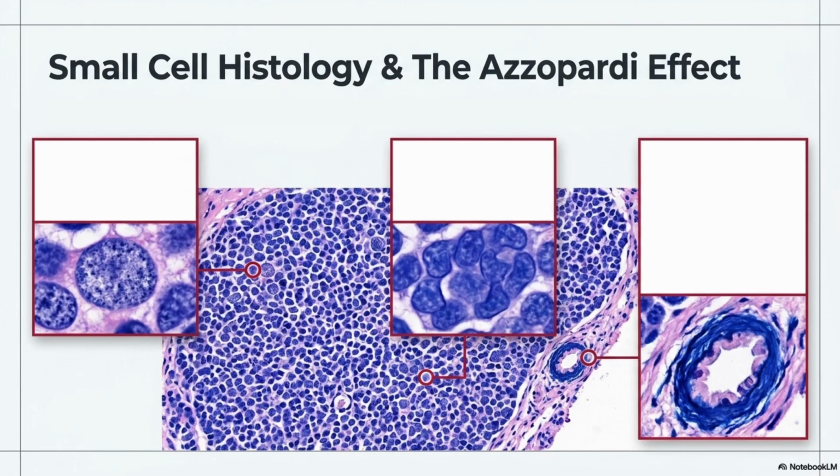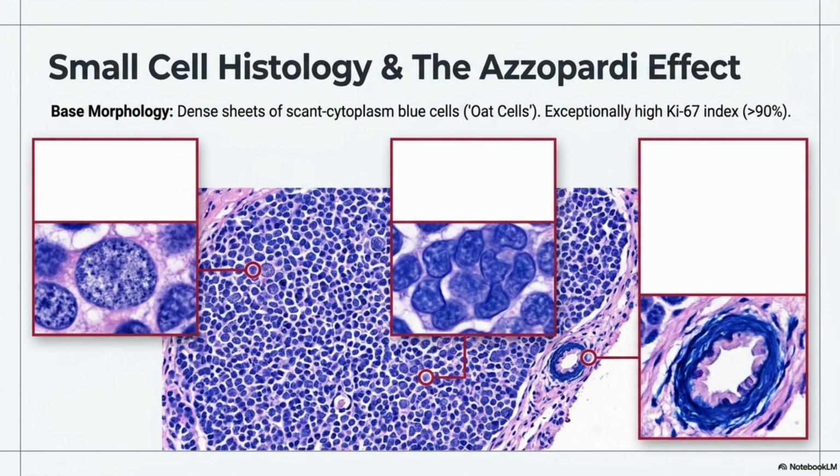The histology of small cell is frantic. The base morphology shows dense sheets of blue cells with practically no cytoplasm, commonly called oat cells, and they have an exceptionally high Ki67 proliferation index of over 90%. Look at the nucleus. It has salt and pepper chromatin, which is finely granular with zero visible nucleoli.